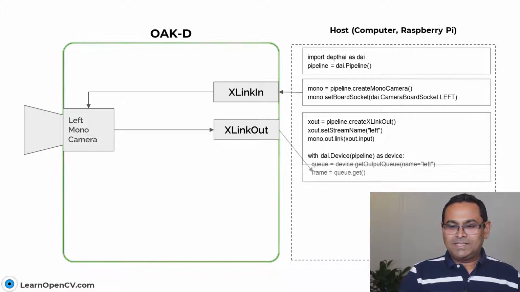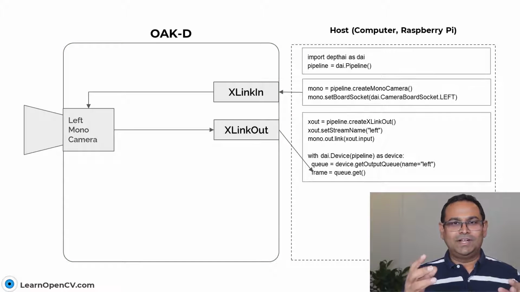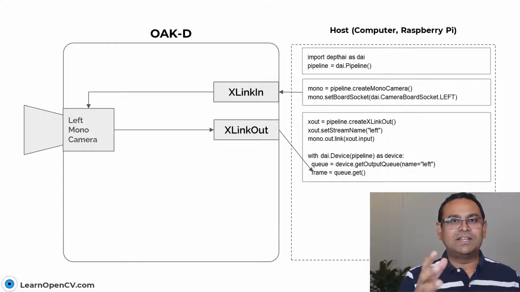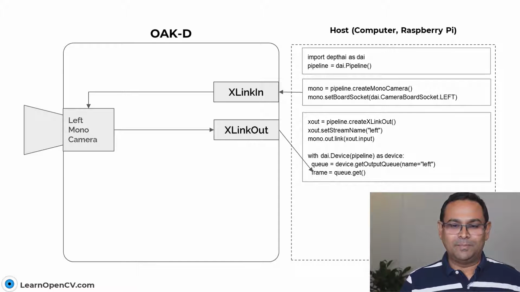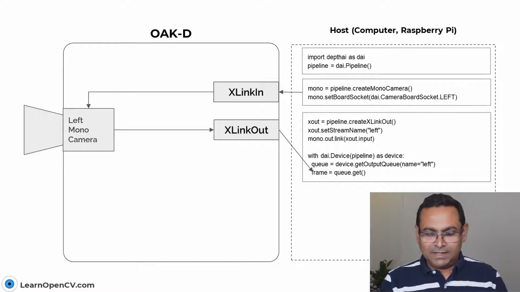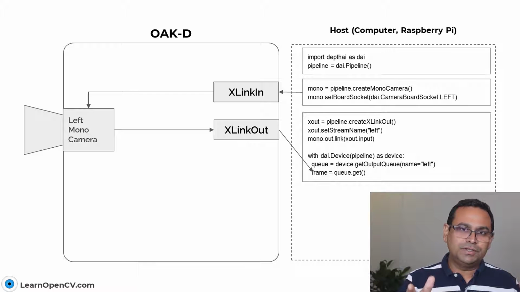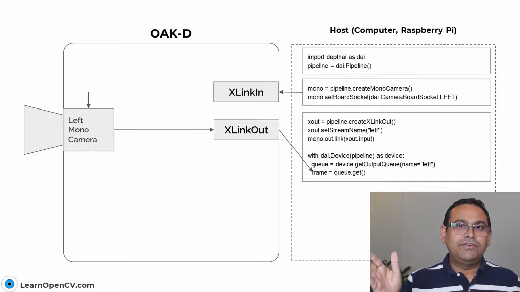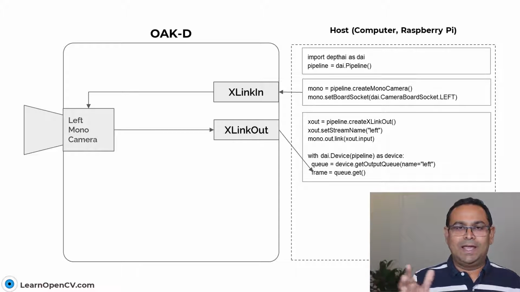So next, we are going to actually query this X-Link out to get our frame. Now, one thing to keep in mind is that the output of X-Link out is not a single frame in this case. It actually creates a queue, and in this queue, you can store many frames.